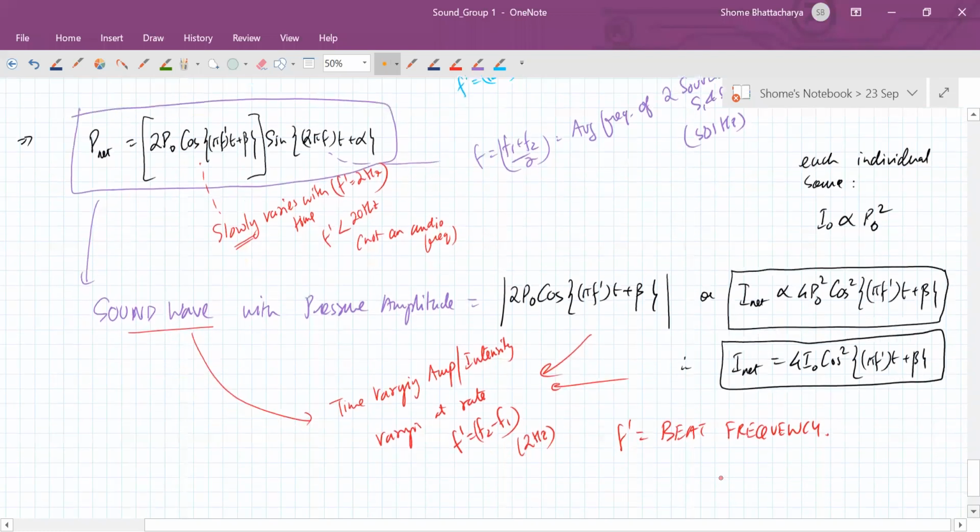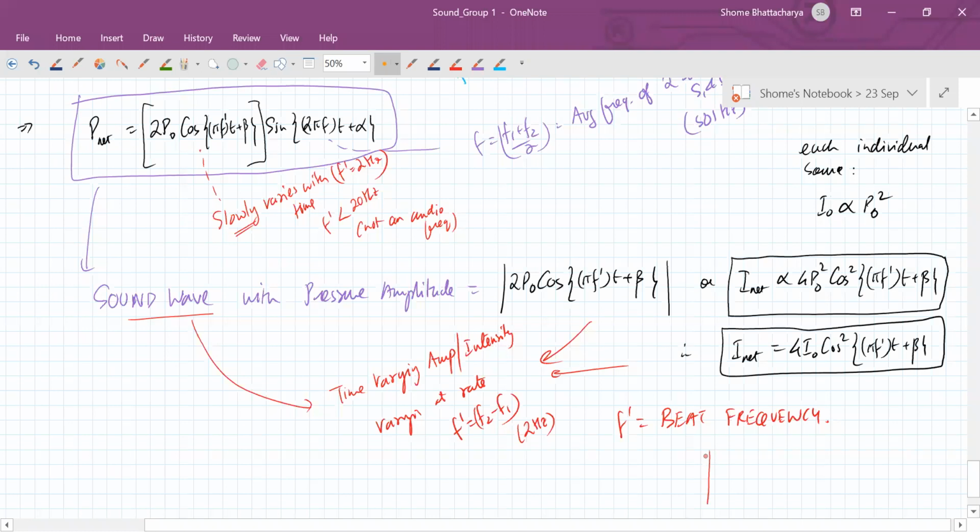So if you think of how the intensity is varying with time, the loudness or the intensity is varying with time according to some kind of a cos square graph. So this is one cycle of that variation. So in our case it is half a second.